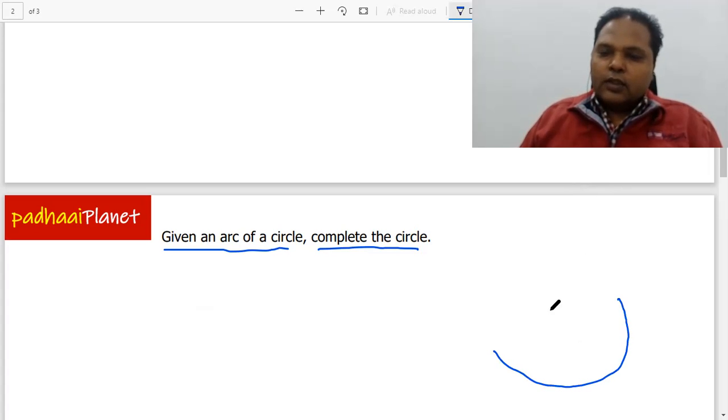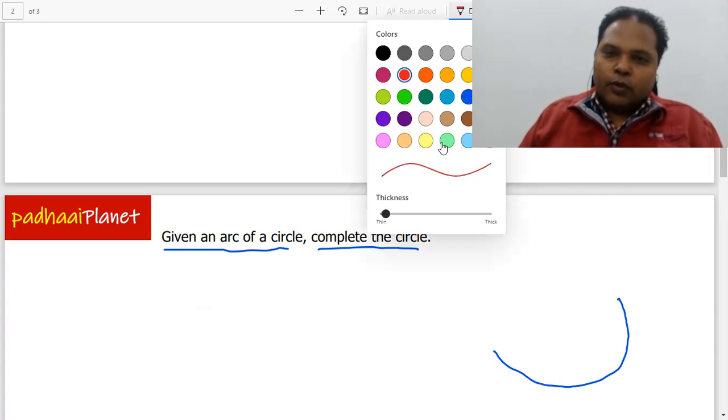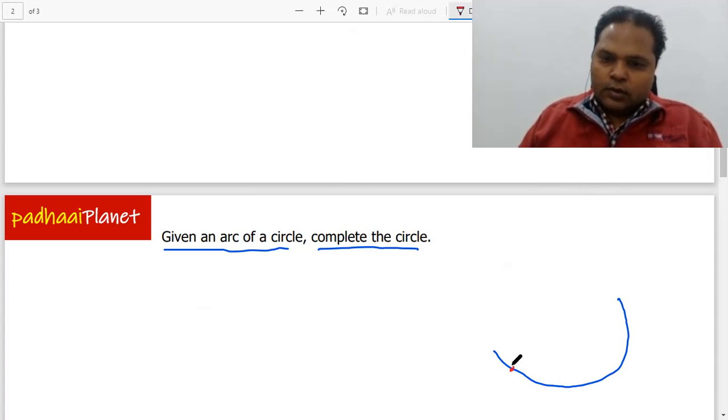So suppose this is the circle which we have, and this is the arc which we have, and we need to complete this particular circle. First we'll mark 3 points on this arc. Now let's connect these points, and when we connect them, they look like chords.